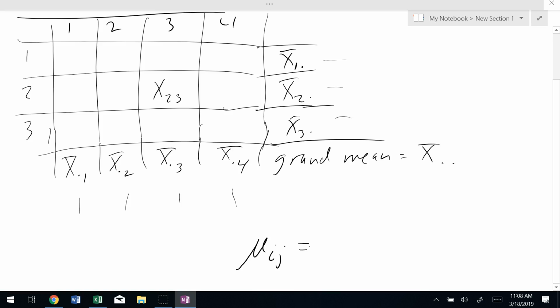That mean should be equal to the overall mean, the mu, plus some row effect, which we'll refer to as alpha, and some column effect, which we'll refer to as beta. We're making an assumption that there's an additive way to do this. So the alphas are your row effects, and the betas are your column effects.